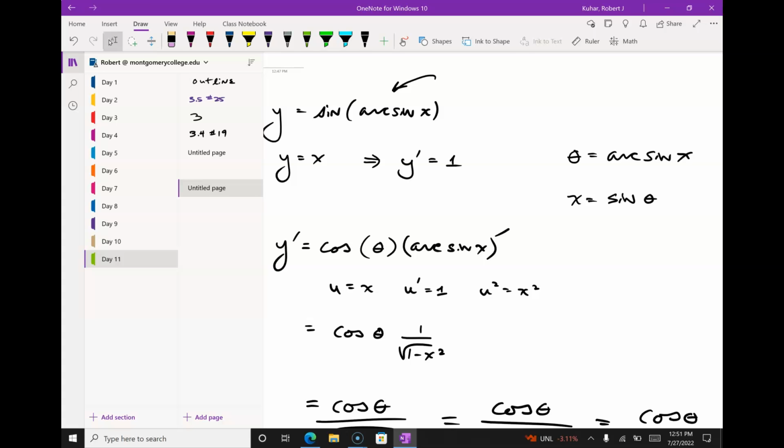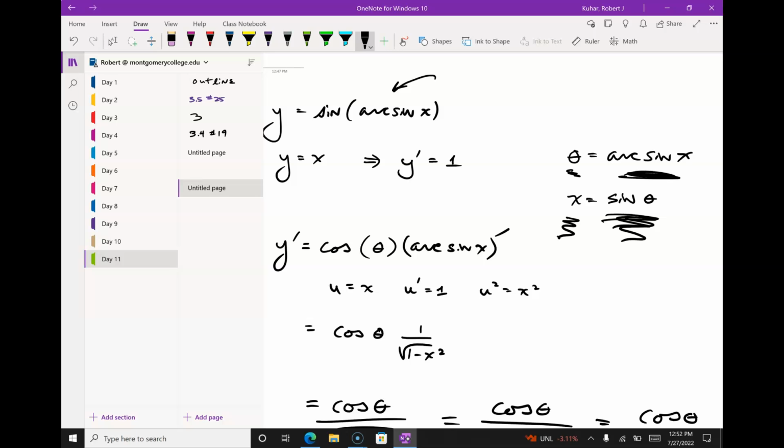But think about it. Inverse function. What's the inverse function of arcsine? Sine. What do inverses do? They switch their input and output. So sine of theta, this is not a calculus problem, okay? This is a pre-calculus problem, right? That's where you're having trouble, but that's okay. So sine of theta is x, or theta is the arcsine of x.